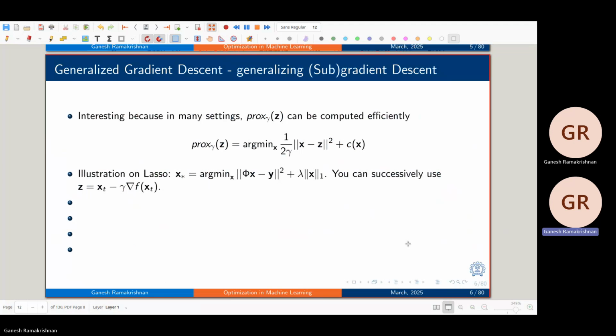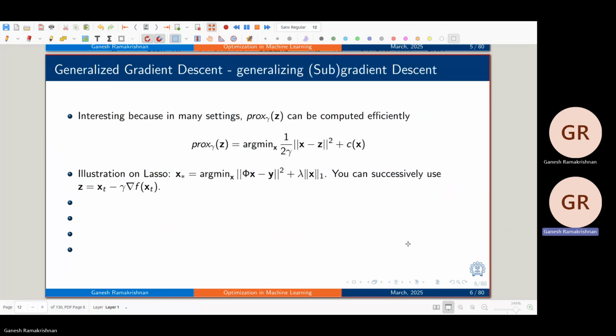You need an x variable, right? That's what we did. We still add an x. So just substitute for gradient f of xt. Write down xt minus gamma times gradient f of xt. What does it amount to? And we are using a placeholder z.